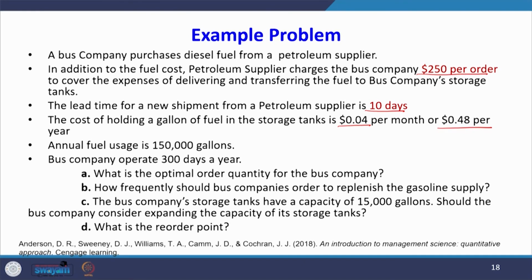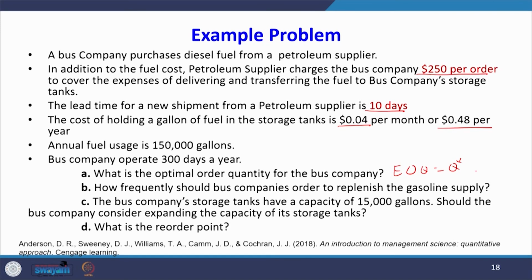So, what questions need to be answered? What is the optimum order quantity, EOQ, otherwise you can call it Q star? How frequently should the bus company order to replenish the gasoline supply?